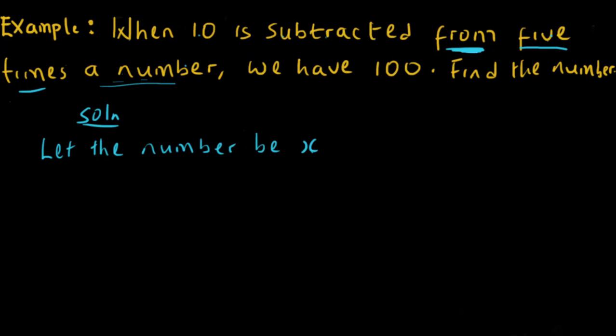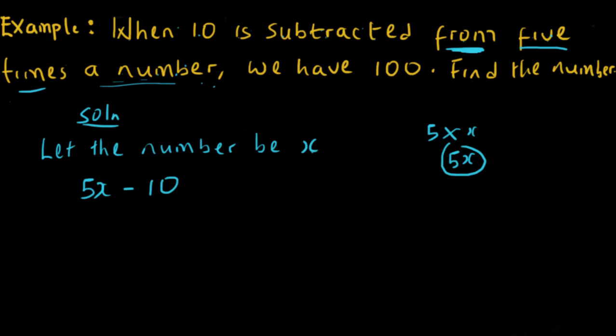So 5 times x will be what? 5 times x will give us what? 5x. Do you understand? So we have when 10 is subtracted from 5 times a number, and we've represented 5 times a number by 5x. So what this means is 5x minus 10. Does this make sense?